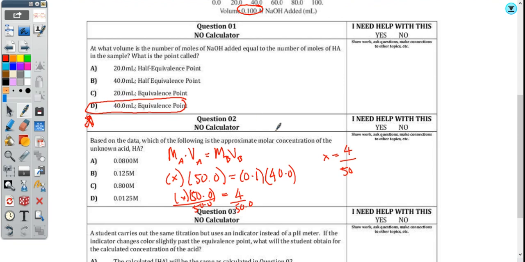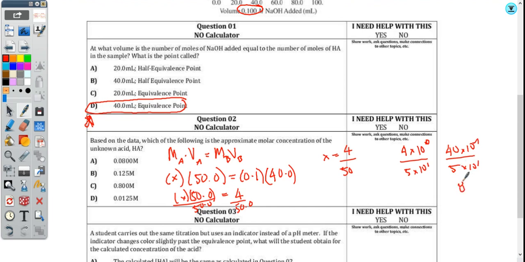But if you are like me, it may be helpful, maybe not, to use scientific notation. 4 times 10 to the 0 over 5 times 10 to the 1. Again, maybe not super helpful, but think about maybe moving your decimal point: 40 times 10 to the minus 1, which is just this in a different notation, over 5 times 10 to the 1. 40 divided by 5 is 8.